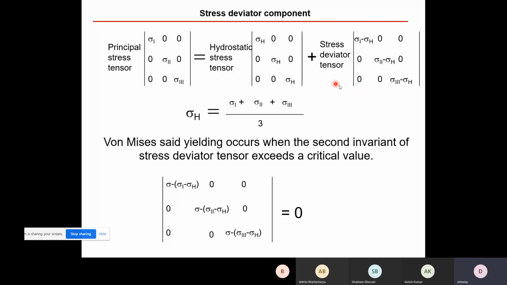And that's why, if I give you a principal stress tensor, sometimes we need to consider the stress deviator tensor, because actually that part is leading to plastic deformation.